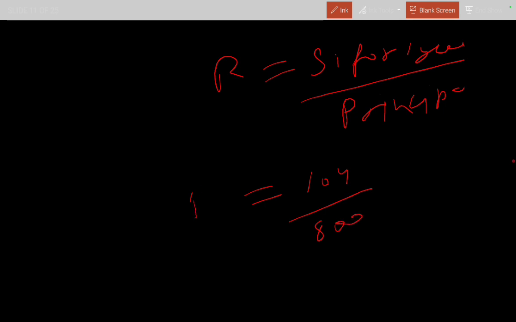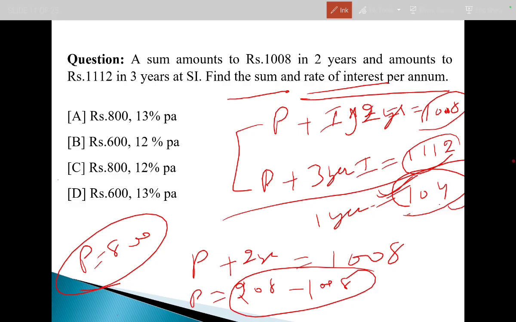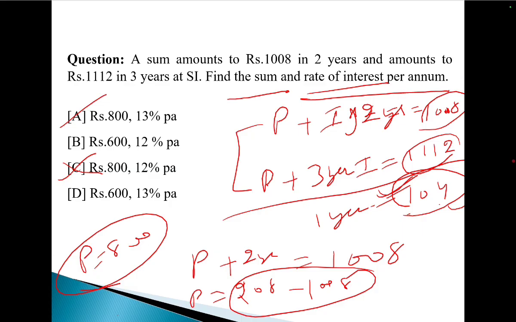This is a fraction. To convert any fraction into a percentage, we multiply with 100. So it's 13%. So I got 800 as the principal and 13% as the rate of interest.